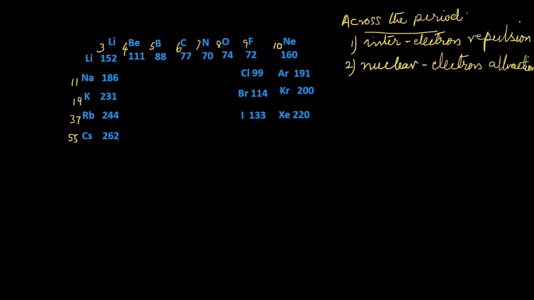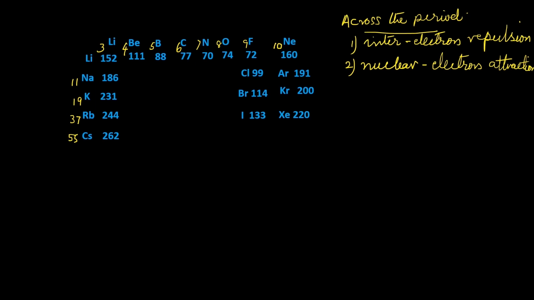Across the period, the additional electron always moves into the same valence shell. The number of shells does not increase in a period. So as we move from left to right, the repulsive force increases. But remember, as we move from left to right, the number of positive charges, that is the number of protons within the nucleus, also increases.